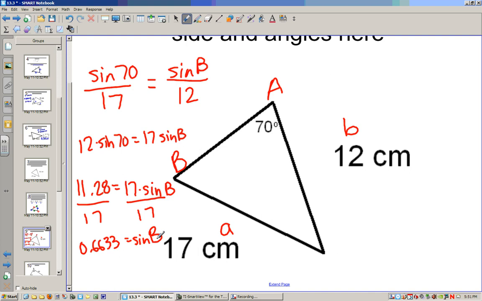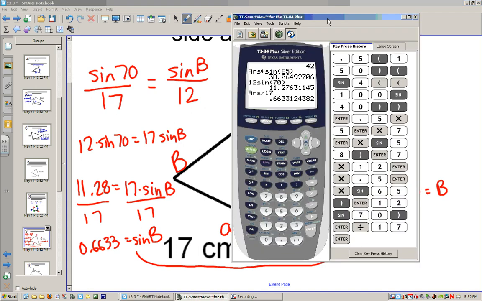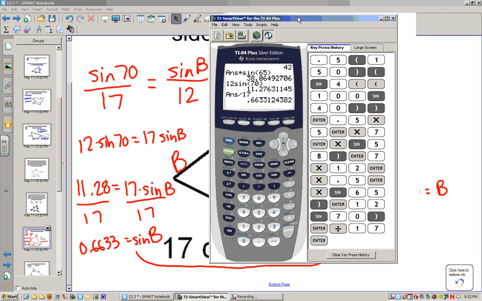Since B is an angle measure, we're going to need to use our inverse trig functions. So the sine inverse of 0.6633 equals our measure for angle B. Now I've got to move my calculator back over to the side.